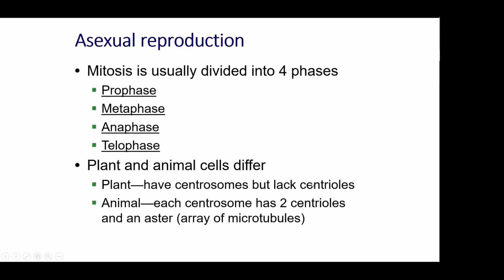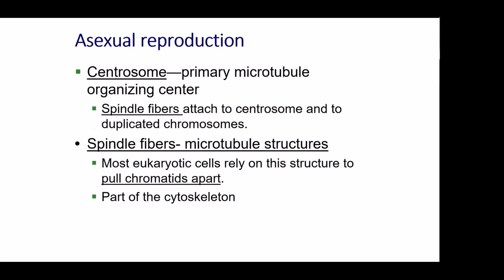There are no centrioles in the plant, remember that's a pretty big component of the cytoskeleton, versus the animal, which does have centrosomes composed of centrioles. And so they have, in a way, the same part, but the structure of their skeleton is dramatically different. Of course, there are other differences between plant and animal mitosis that we'll talk about shortly.